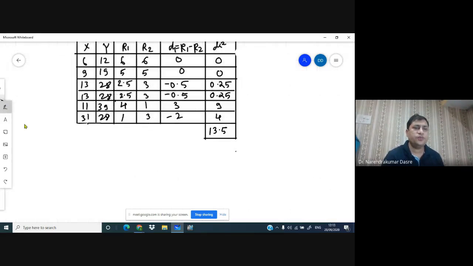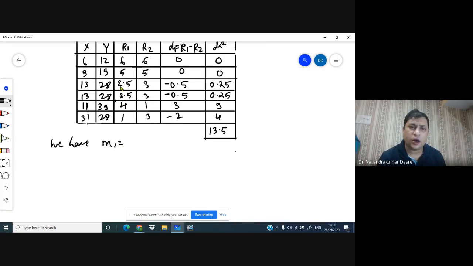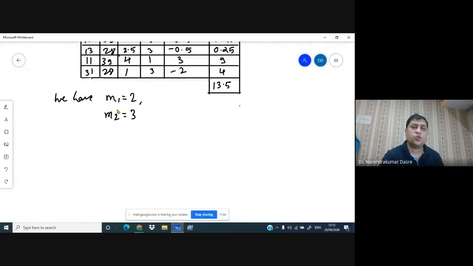What will be m1, the first repeated rank? This rank is repeated 2 times. Then the second repeated rank, 3, is repeated how many times? It is repeated 3 times. And hence once we know m1 and m2, whatever number you have, m1, m2, m3, m4.